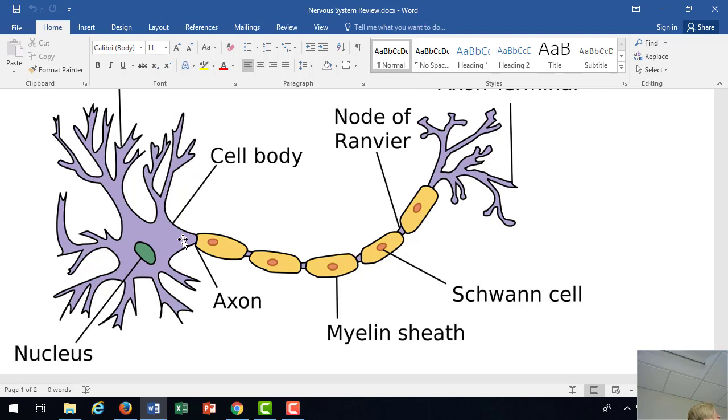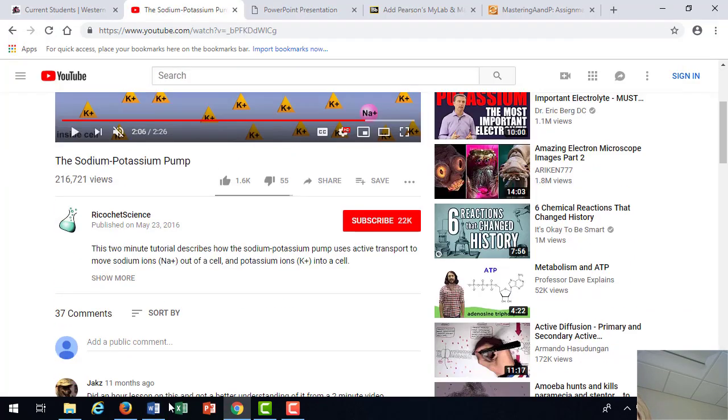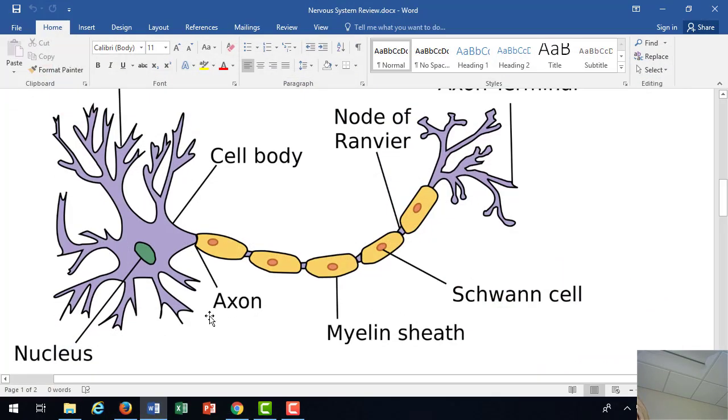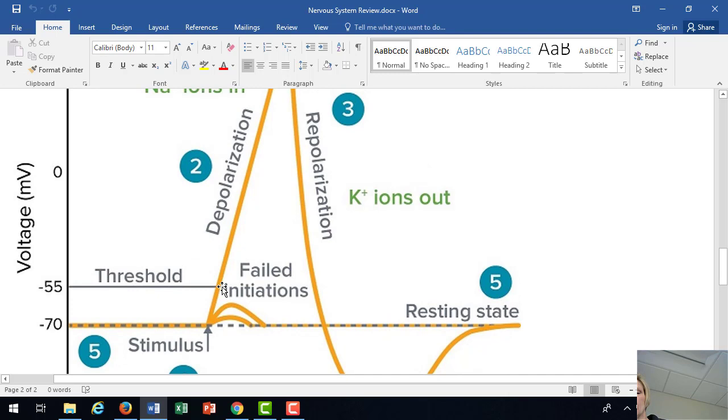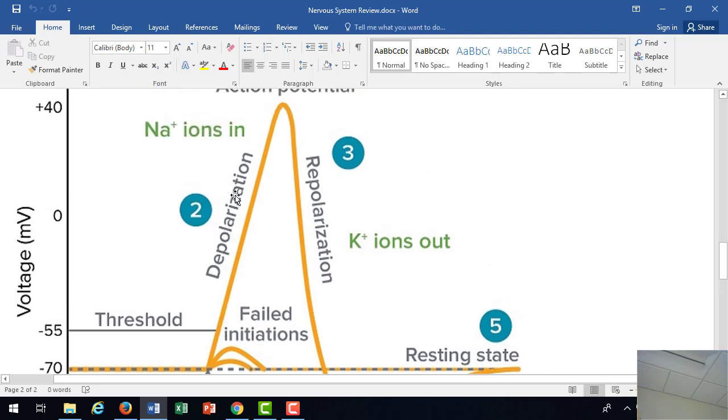So once we get to -55, these channels flip open, and they flip open in series all the way down the neuron, following this action potential graph. So once I reach threshold, all the voltage gated channels on the axon hillock open up, and I see a rapid rush of sodium into the cell until it reaches +40 inside my neuron.